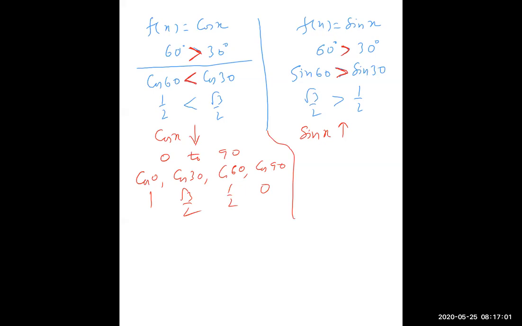Sin 0, sin 30, sin 60, sin 90: 0, 1 upon 2, under root 3 upon 2, 1. So this is an increasing function, this is a decreasing function. As x values increase, y value decreases. This is one example.